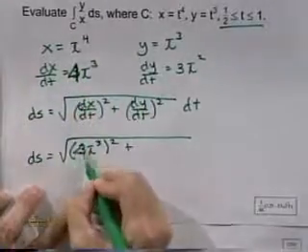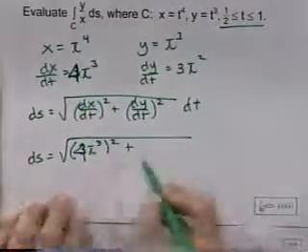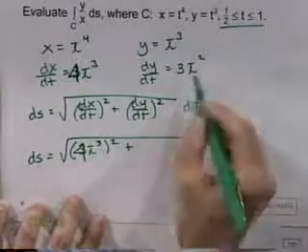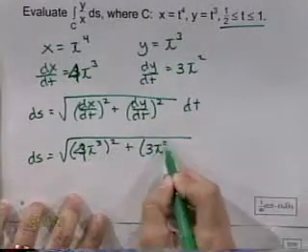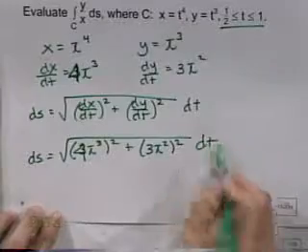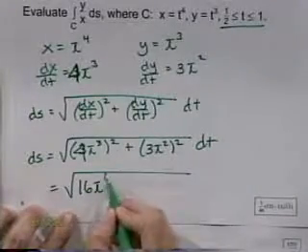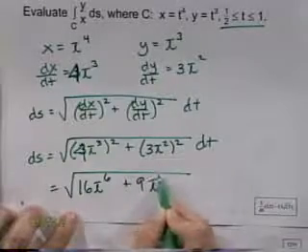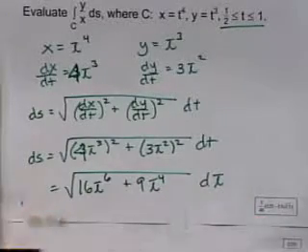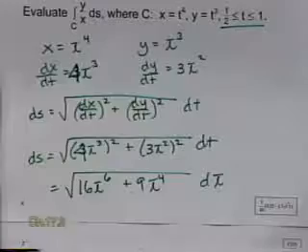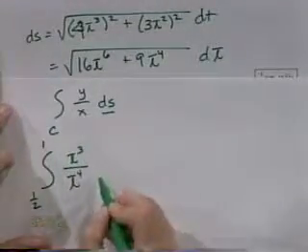Thank you. Bring down your 4, 4t cubed squared, plus 3t squared squared, dt, which is going to give me the square root of 16t to the 6th plus 9t to the 4th dt. And I'm going to put that in here for my ds.